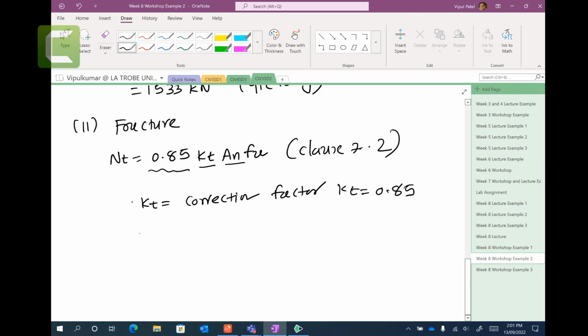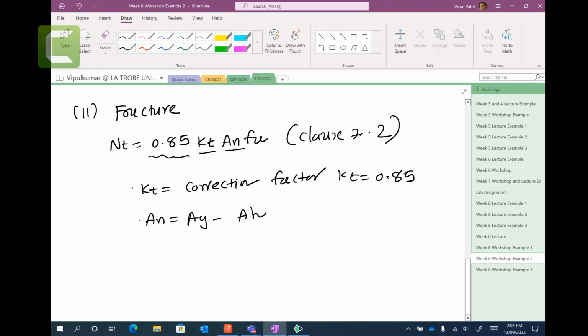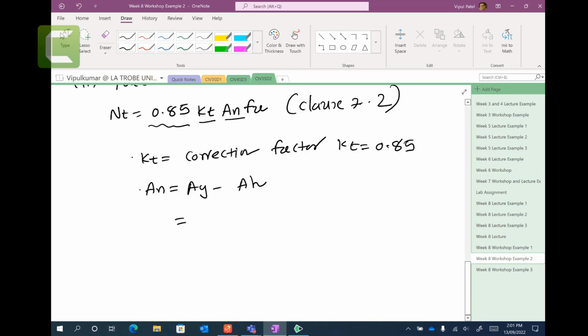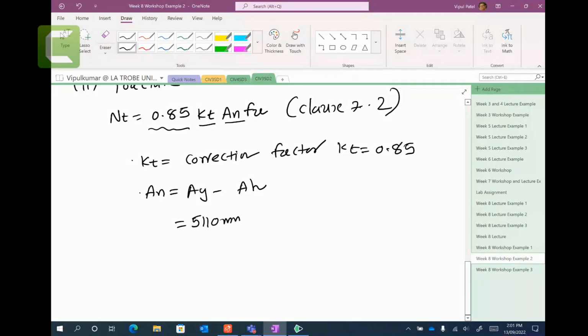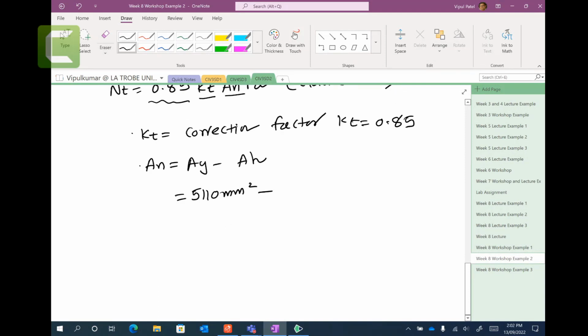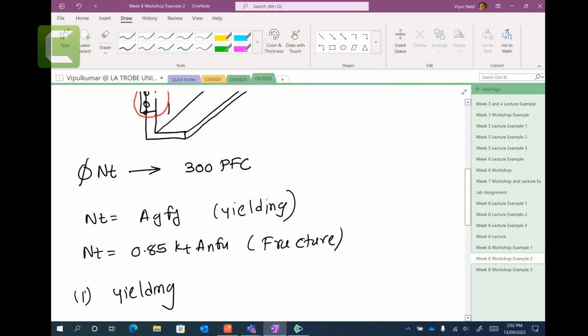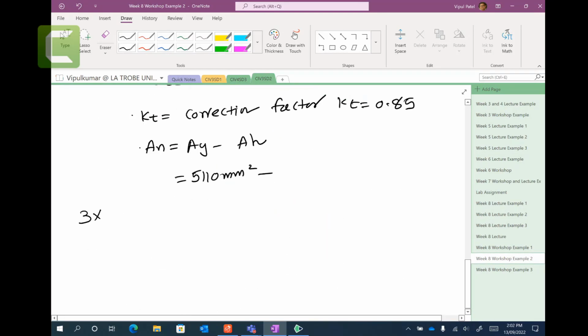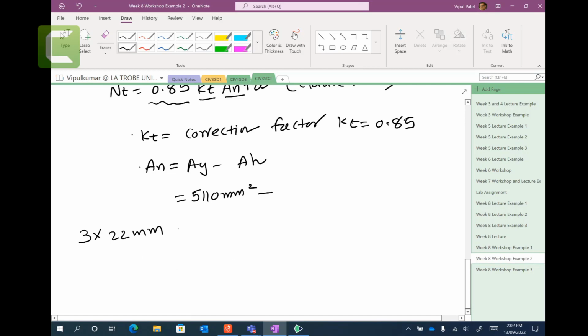So that is k_t. A_n equals gross area minus area of the holes. Gross area we already calculated, 5110 millimeter square. How many holes do we have? Three holes, right? Now M20 bolts. M20 requires 22 millimeter holes, as I mentioned, because we need to provide clearance.